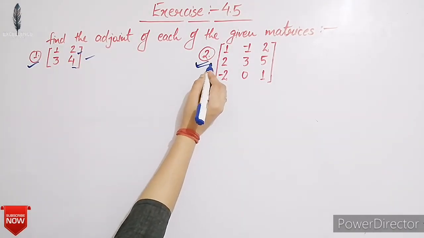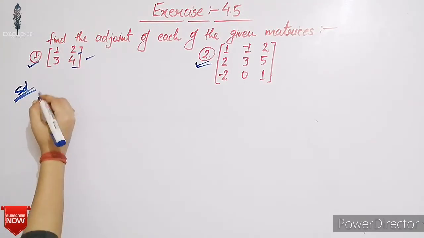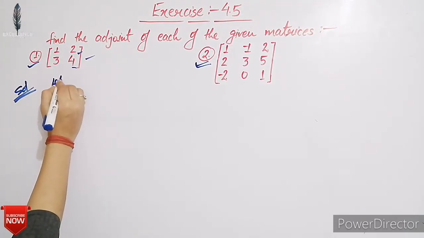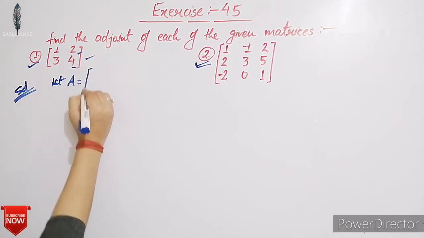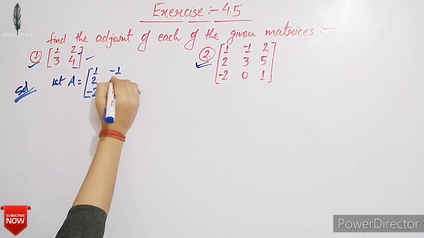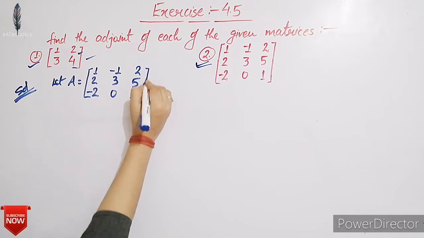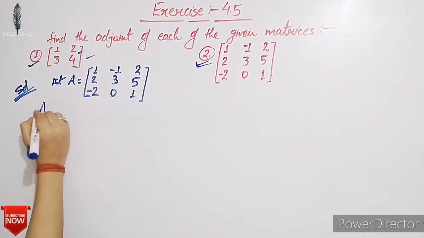Here we have a matrix of order 3. Let's solve it. Let A equals to 1, 2, minus 2, minus 1, 3, 0 and here 2, 5, 1. First we have to find its cofactors.